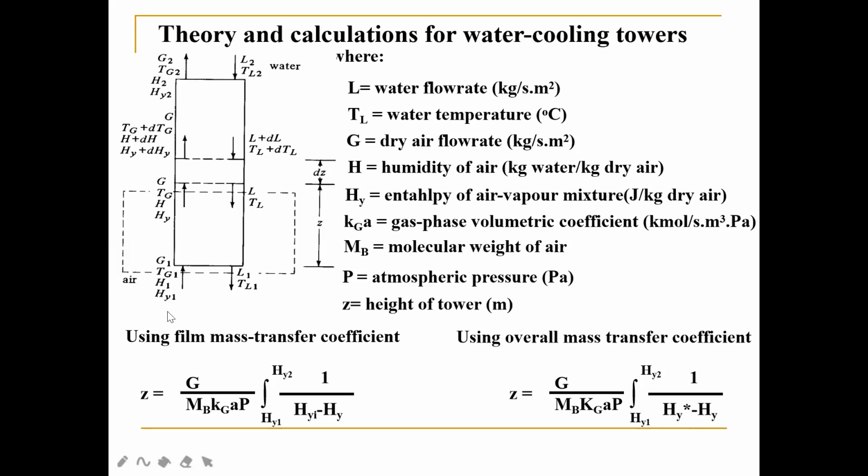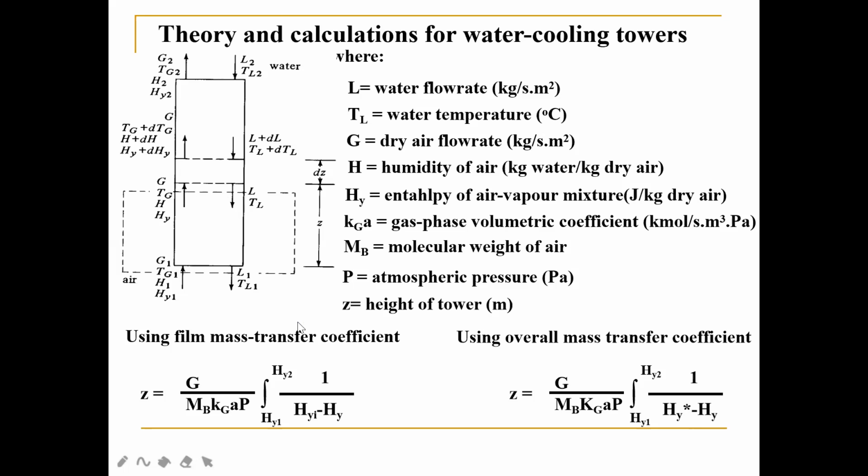If it's HY, it means the particular point that you want to take along the height of the packed tower. MB is the molecular weight of air. I hope you all know the molecular weight of air. This is general knowledge. P is atmospheric pressure. Z is the height of the tower.